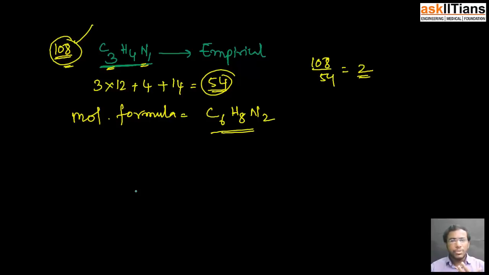So we have to do a wide variety of questions, cover all different kinds of questions, and in this way you can prepare very well and be very comfortable in basic concepts of chemistry. If you understand these basic concepts very well, then it makes the rest of chemistry very simple, very easy for you.